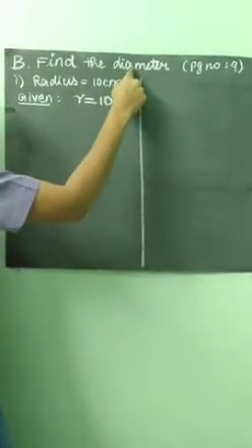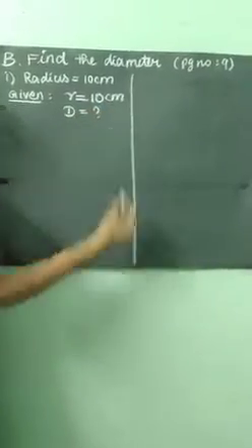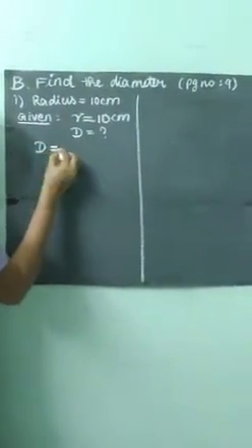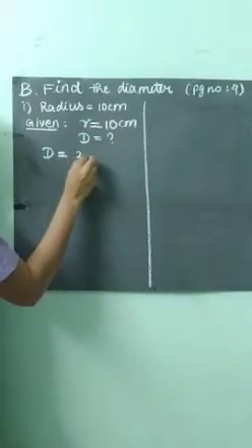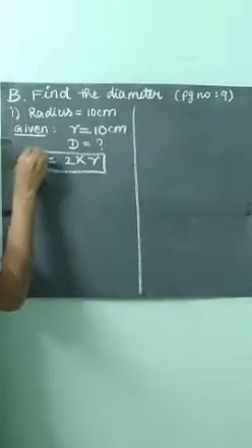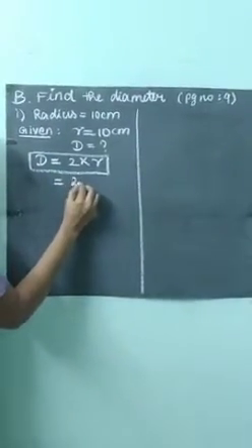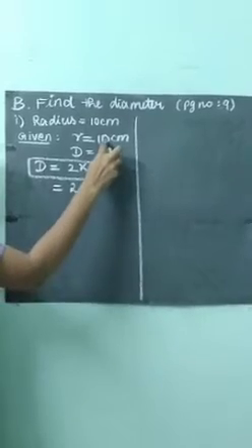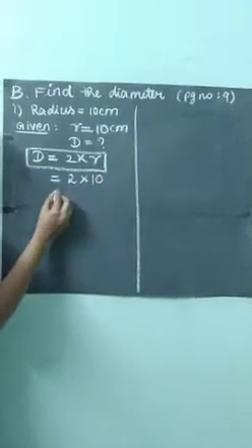We want to find the diameter. So D equal to, we want to find it. Which formula do we use? The diameter formula. In a diameter there are 2 radii. So D equal to 2 into r. Write the formula and put the box. Equal to 2 into radius, which is 10.